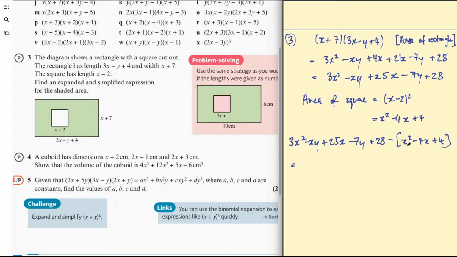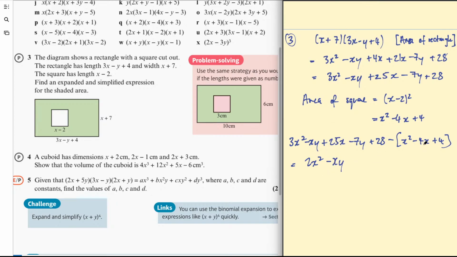Okay, so 3x squared take x squared is 2x squared. The other like terms are 25x and 4x, so we'd actually add that 4x because they have a negative 4x, so that would be positive. Actually, let's not forget the negative xy.